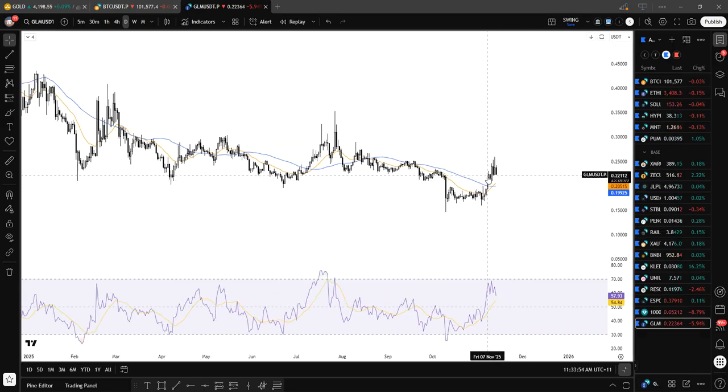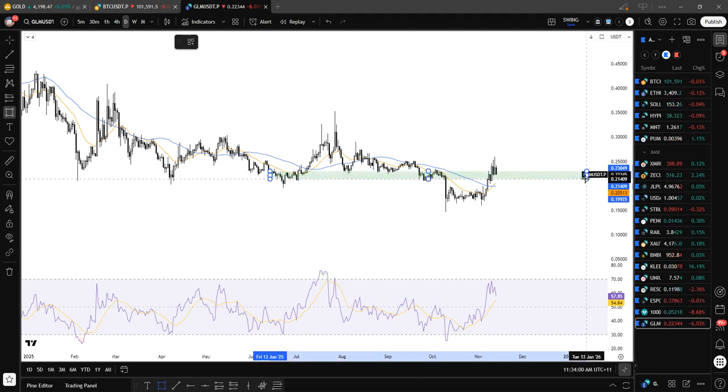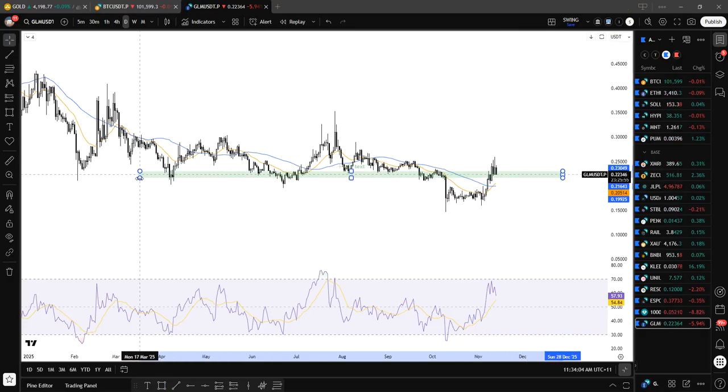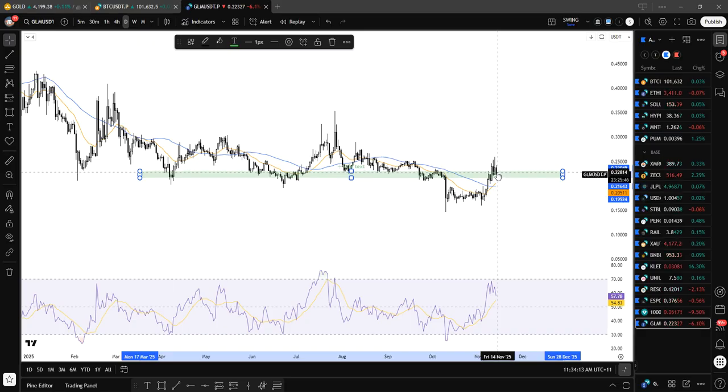What else were we looking at? Bob, GLM. Let's have a look at GLM. Okay, so clearly from a price action point of view, you can say that this was considered kind of fair value for quite some time, right? It broke that, and now it's trading above that.